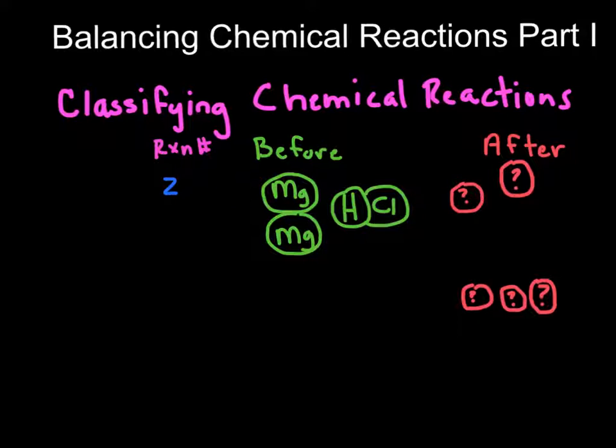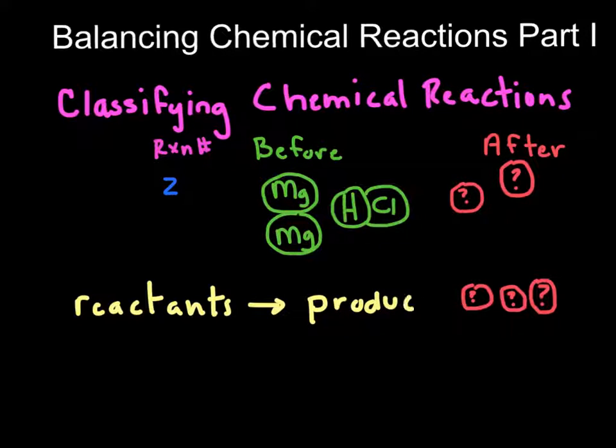We learned in first semester that reactions are written in this format. The reactants are always written on the left side of the arrow, and the products are always written on the right side. So far, for reaction number 2, what we know is that we added magnesium and hydrochloric acid.